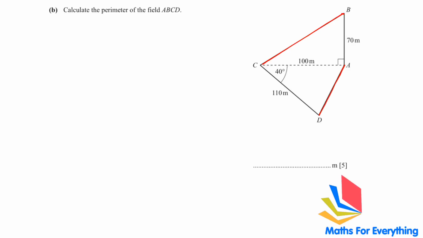To find BC, we are going to use the Pythagoras theorem because it's a right angle triangle, just like what we did in the previous question. So A square plus B square is equal to C square. What is our C? BC, the side opposite the right angle.